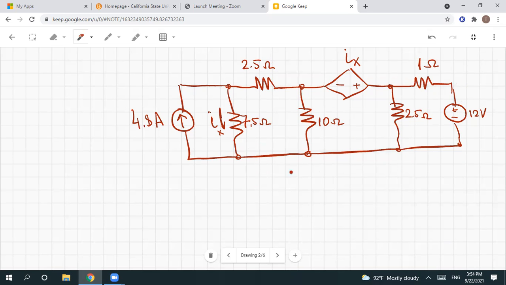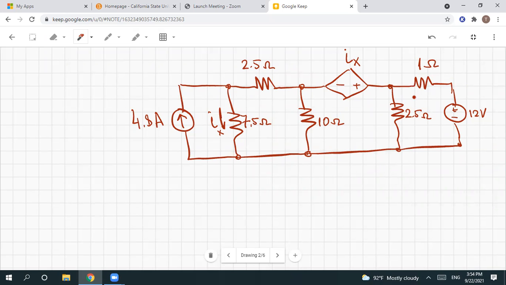We consider this one node because we don't have any elements in between these dots. So this is one node. So we have in this circuit 5 nodes. This is one node, this is second node, third, 4, and 5.